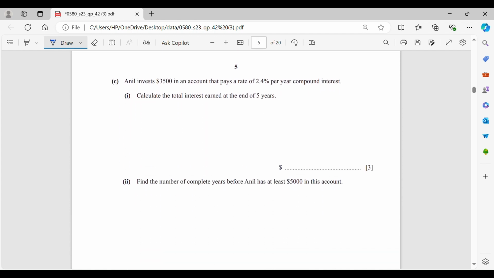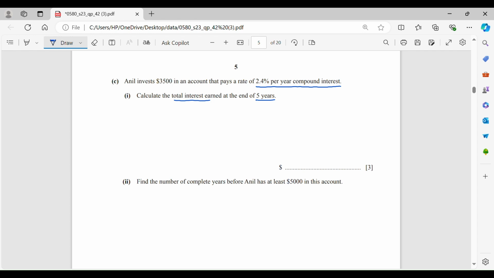Next will be the C part. Anil invests $3,500 in an account that pays a rate of 2.4% per year compound interest. Calculate the total interest earned in 5 years.